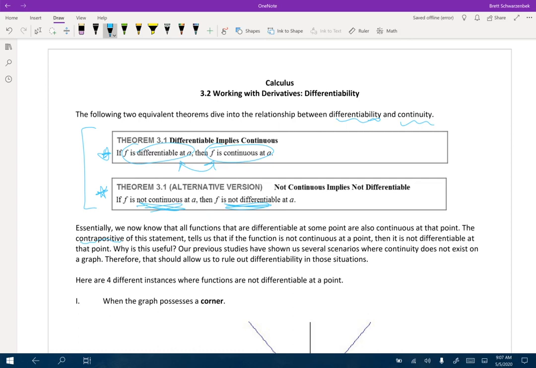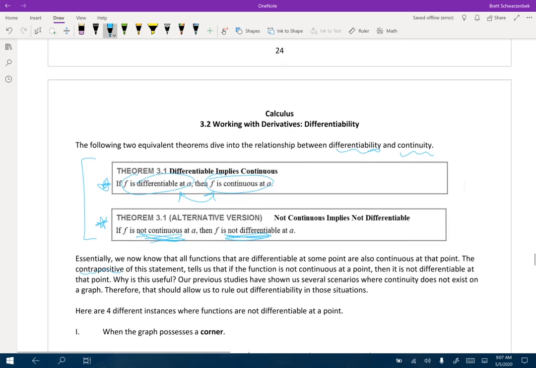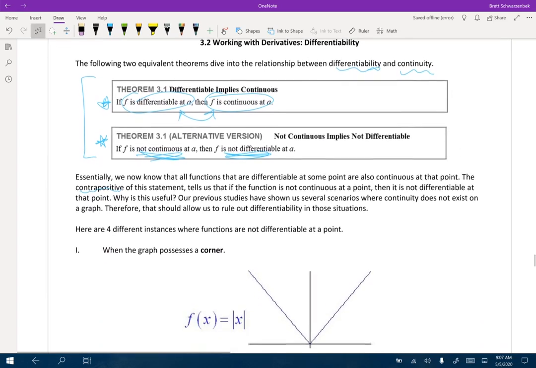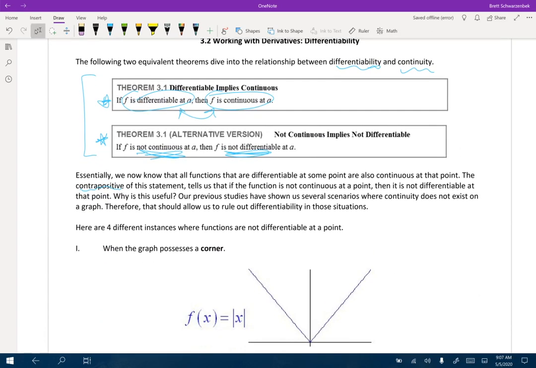Now, one small thing before we get started with that. One of the concepts is when I say it's not differentiable, so if I have some graph, right, and I take a point, remember a derivative is a slope of the tangent, a tangent line.